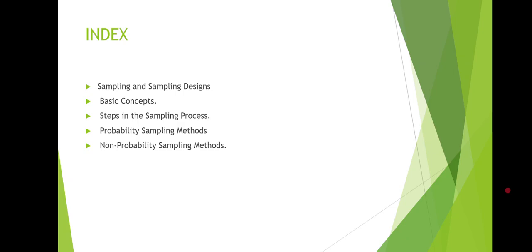That's why we learn different sampling methods like probability sampling method and non-probability sampling method. These methods help us to choose the right people in a fair and systematic way. So by learning the steps in the sampling process, we understand how to plan, how to select, how to collect data properly.